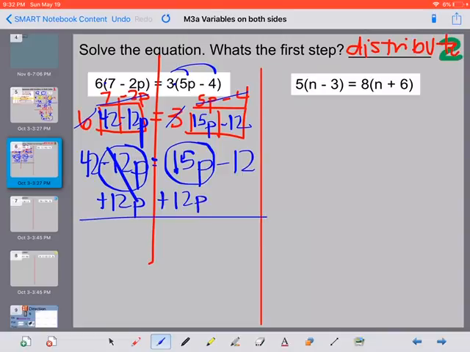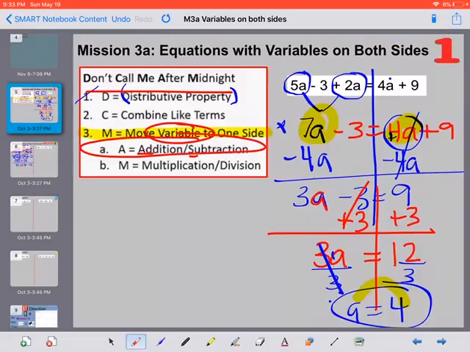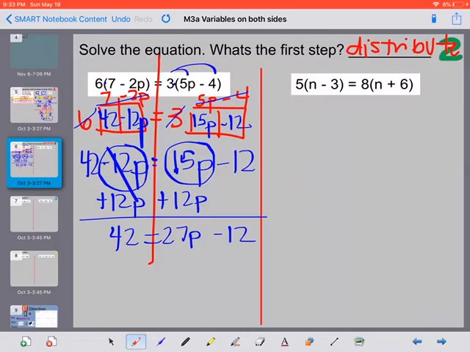So I'm moving them away from this side, and now we have 27p on the right. And copy what we have left. We have 42 and a negative 12. Now this is just a two-step equation. We're going to get rid of adding and subtracting first. We want to get rid of this negative 12, so I'm going to add 12. Remember, our goal is to get p by itself.